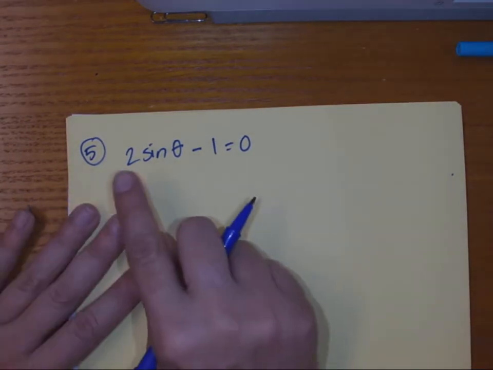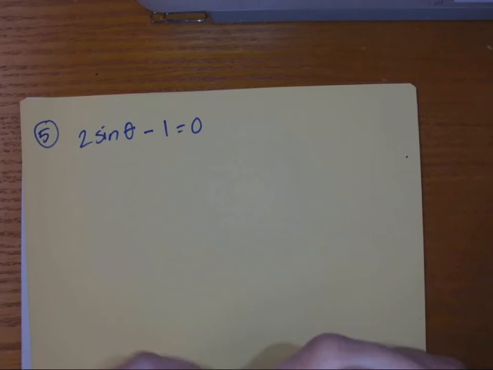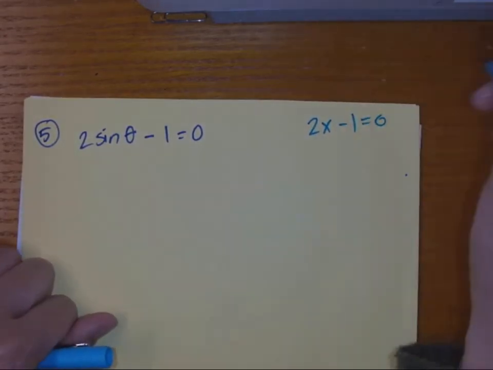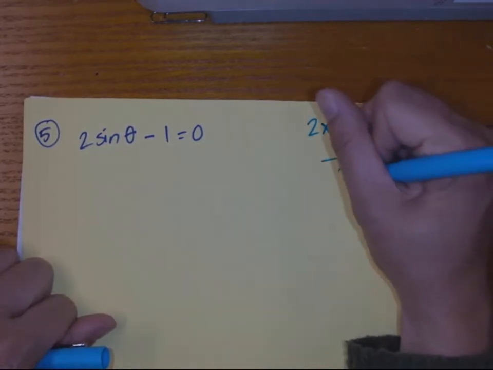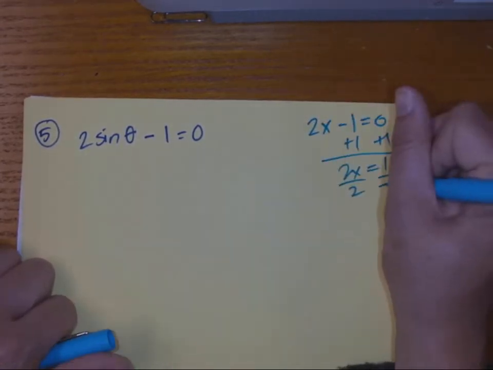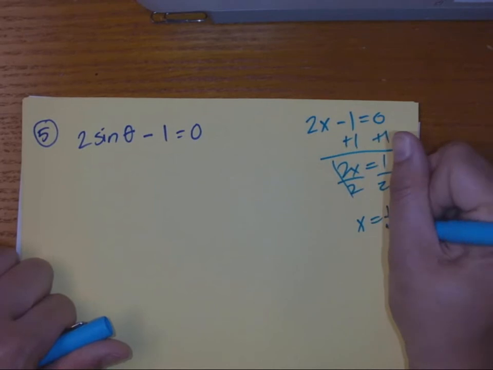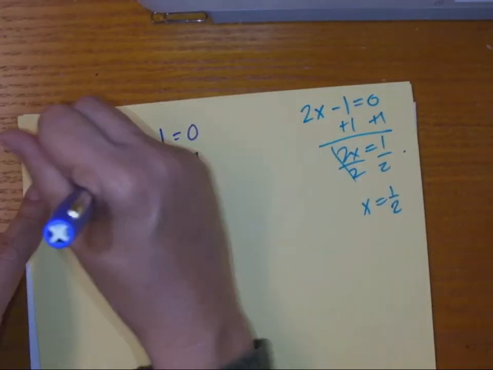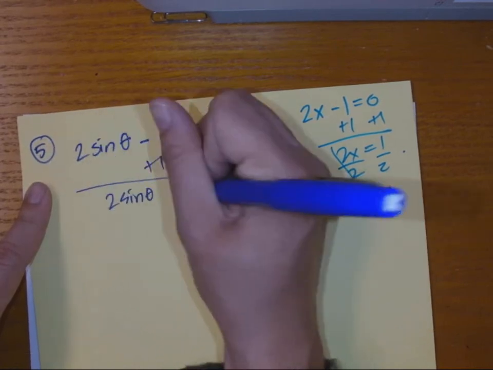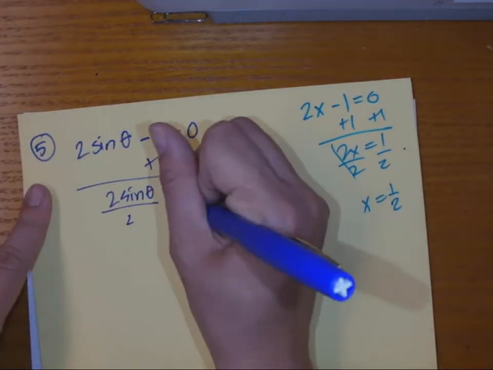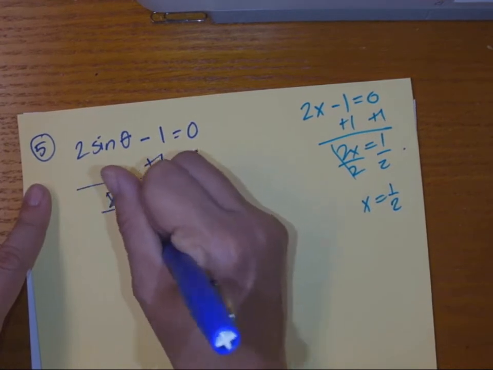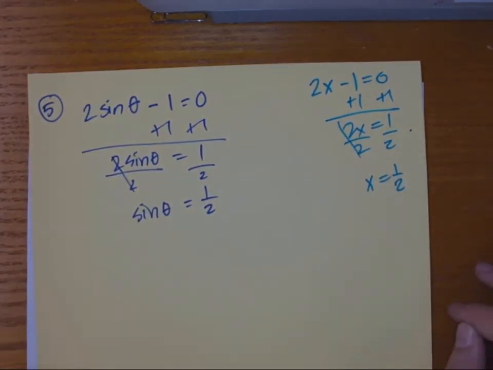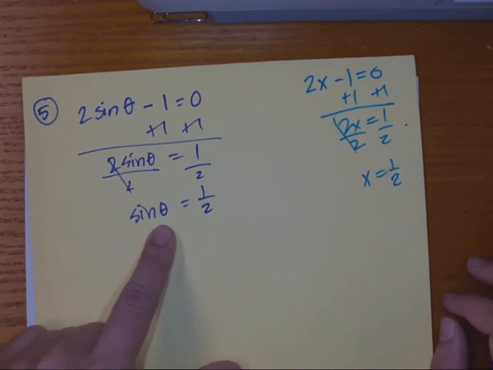Okay, so notice this is 2 times something minus 1 equals 0. This is similar to the equation like 2x minus 1 equals 0. To solve for x, the first thing you would do is add 1, and then you would divide by 2. And so you get x equals 1/2. Same thing here. First thing you want to do is add 1, and you get 2 sine theta equals 1, and then divide by 2, and you get sine of theta equals 1/2. And then solving for all the solutions here is the same way we did it before.